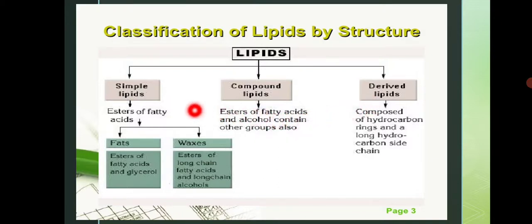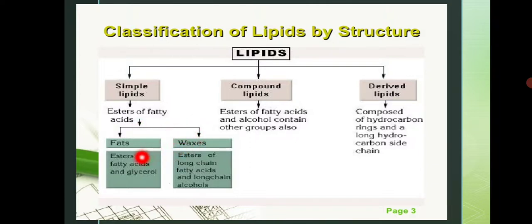If we talk about the simple lipids, these are made up of esters of fatty acids and glycerols. मतलब उनके स्ट्रक्चर में वो फैटी एसिड कंसिस्ट करते हैं. Simple lipids in their structure consist of fatty acids. और फैटी एसिड्स क्या है? Mostly they contain carbon and hydrogen atoms along with the oxygen.